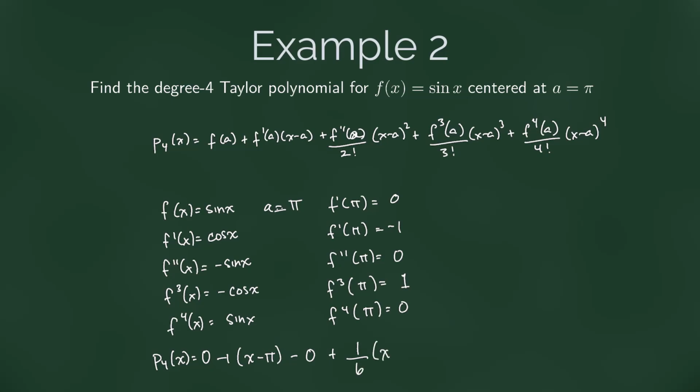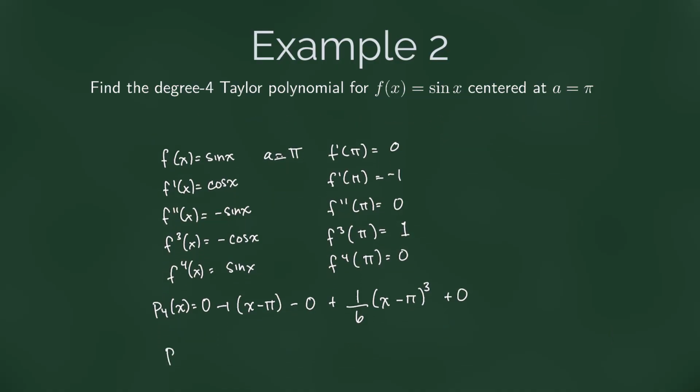And we get x minus pi cubed. And then the fourth derivative is back to 0. So if we simplify all that, we see that our fourth order Taylor polynomial is negative 1 times x minus pi plus 1/6 times x minus pi cubed. And we can use that to approximate the sine of values that are near pi.